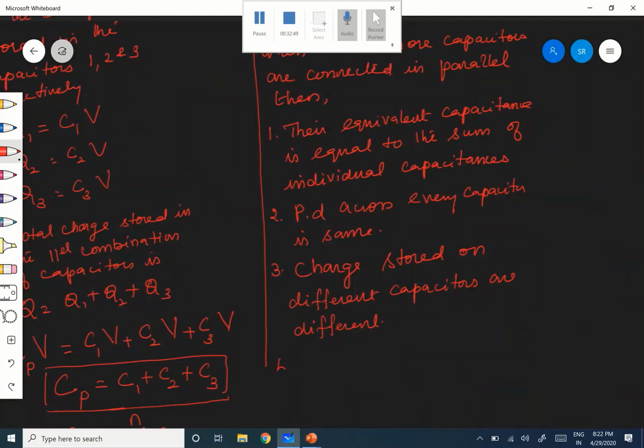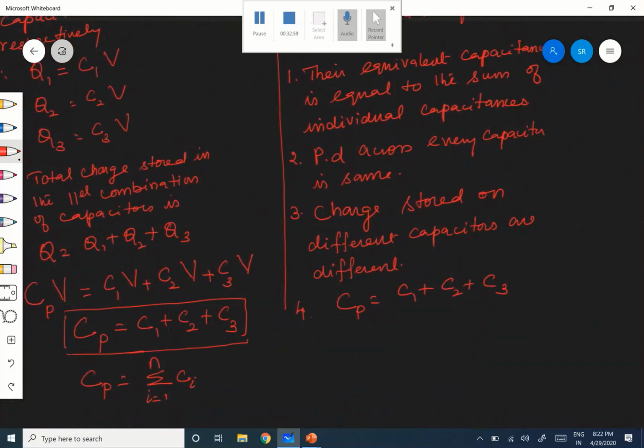Then the fourth one: Cp is equal to C1 plus C2 plus C3. What do you mean by that?